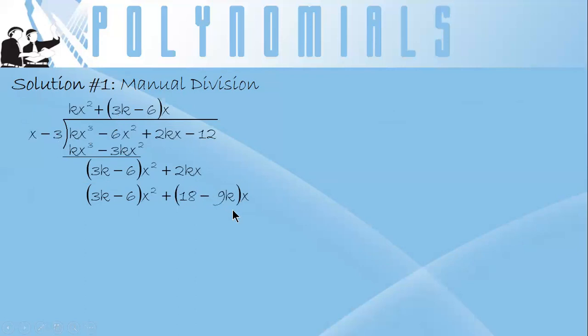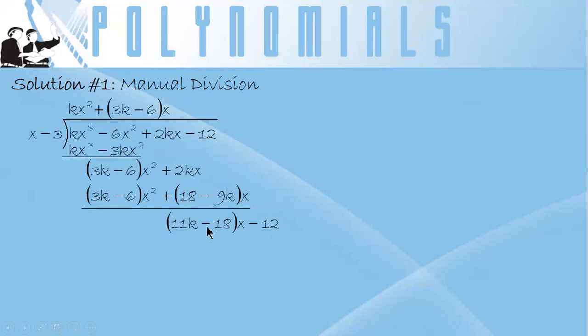And then subtract, the first terms cancel. Combine: 2k minus negative 9k, so positive, add, 9 plus 2, that becomes 11k minus 18. Then bring down negative 12.